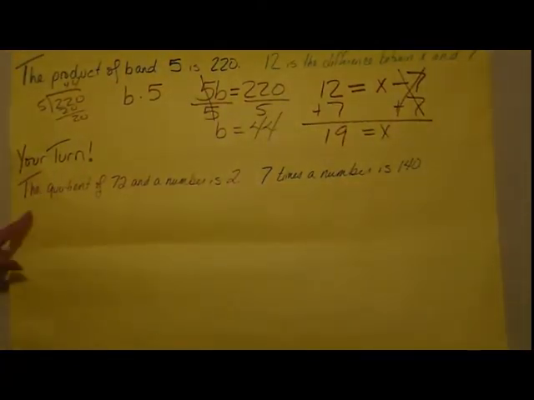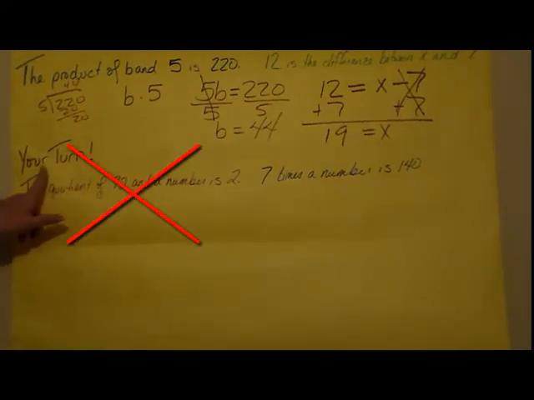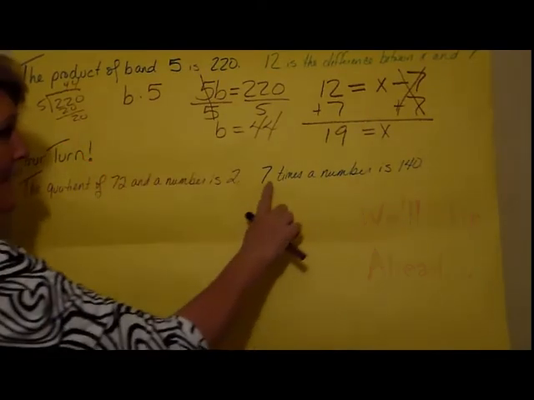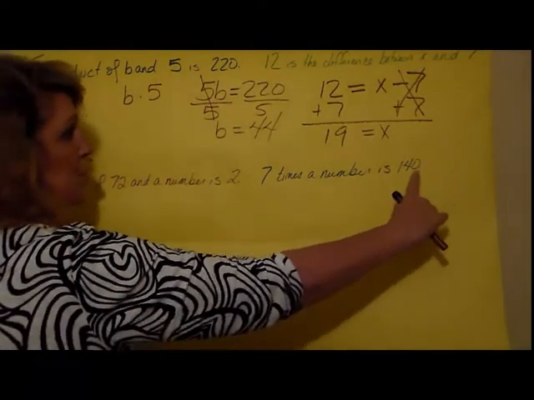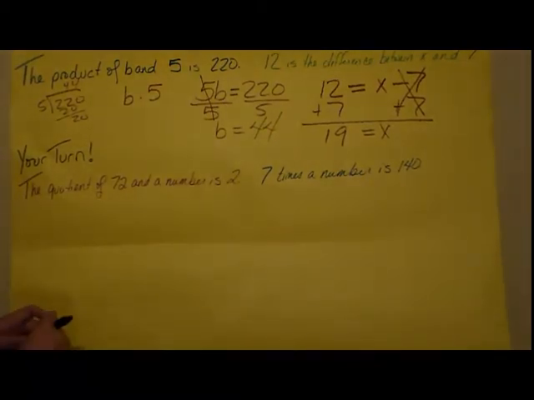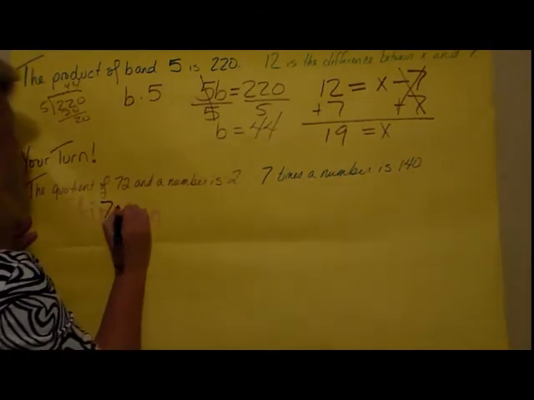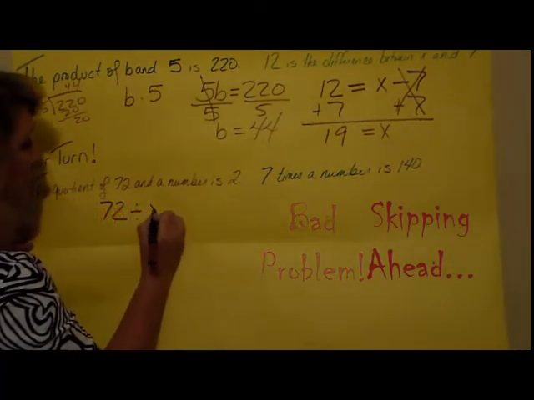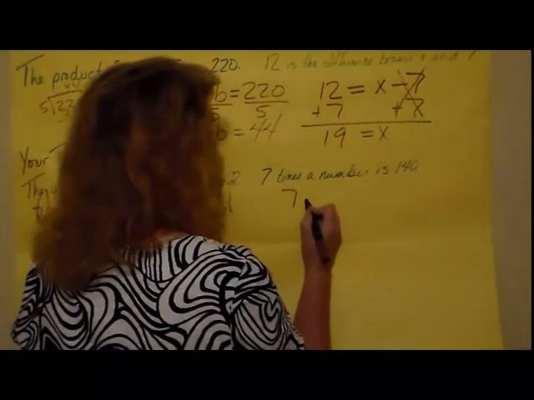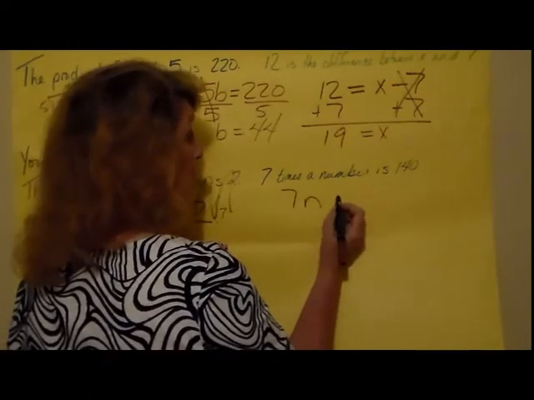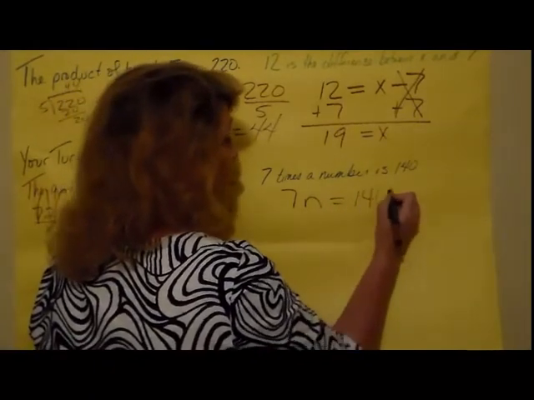Here's 2 for you to try. The quotient, what does that word mean, of 72 and a number, and 7 times a number is 140. That one's straightforward. Go, push pause, come back when you're done. 72, quotient is the answer of a division problem. 7 times a number, or just 7n, either way, is 140.